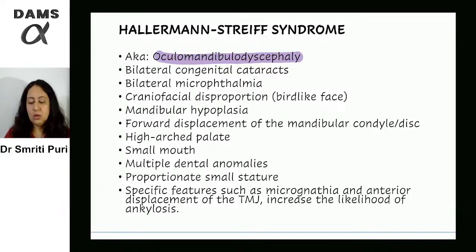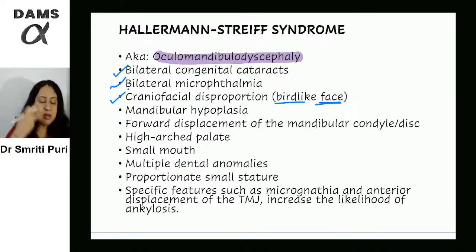Now let us see what are the features that are seen in this syndrome. So bilateral congenital cataracts. So the patient will have cataract since birth. Bilateral microphthalmia, small sized eyes. Craniofacial disproportion, that is bird like face.